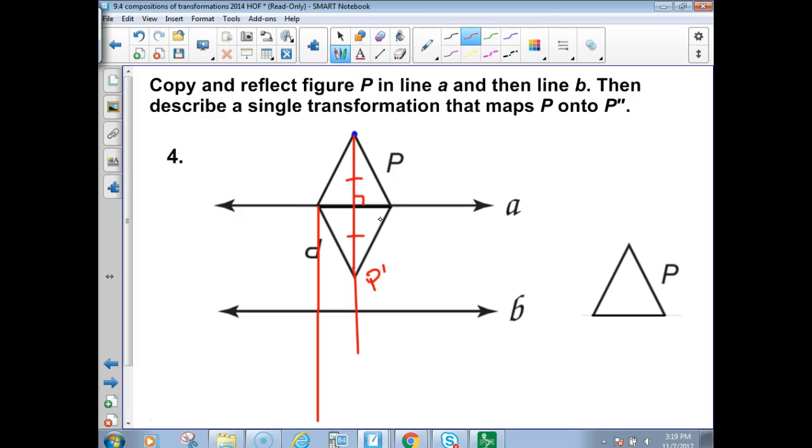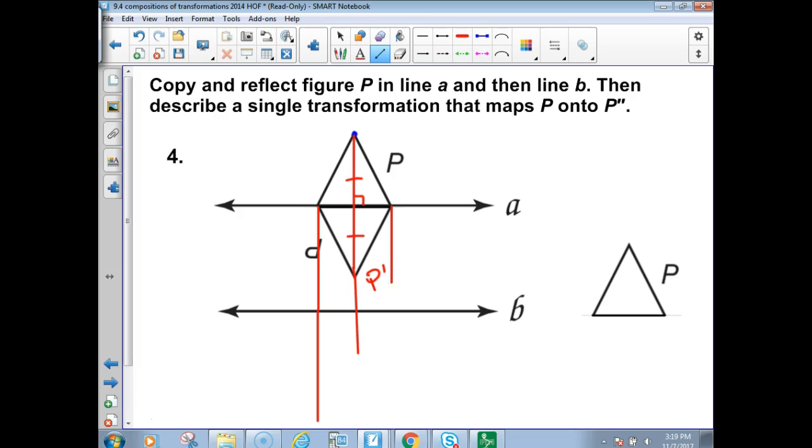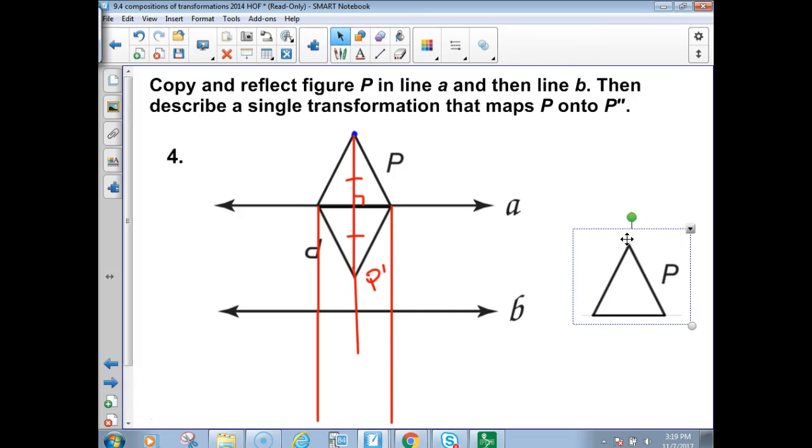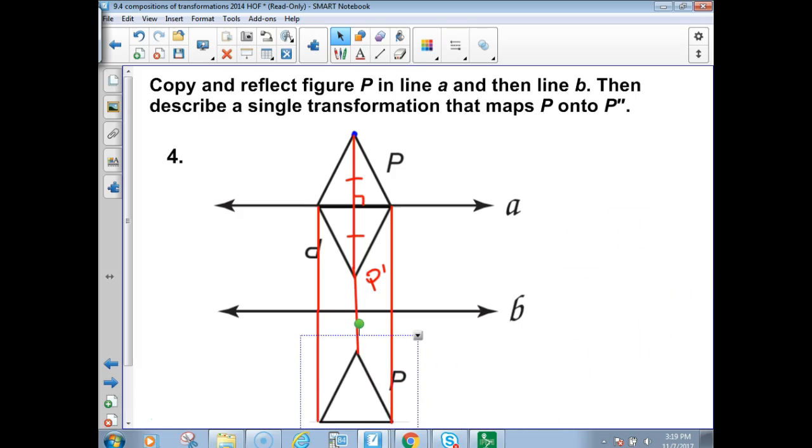And that one other corner, this will be the same as the first one, the same length as the first reflection to go to the right side. It should look like this when you're done.